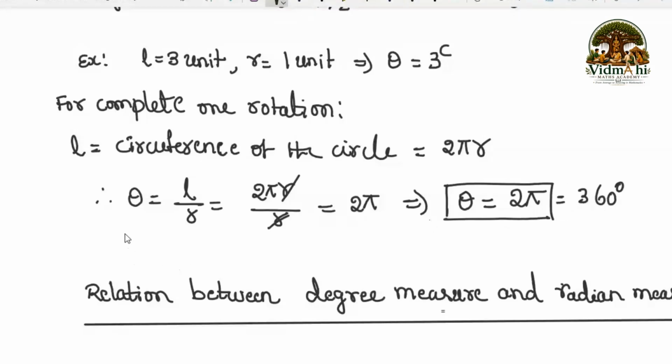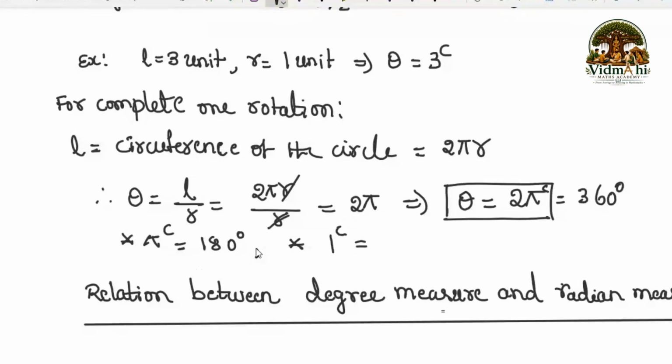So 2 pi radian is 360 degree. Now what about pi radian? Pi radian is 360 by 2, that is 180 degree. And what about 1 radian?